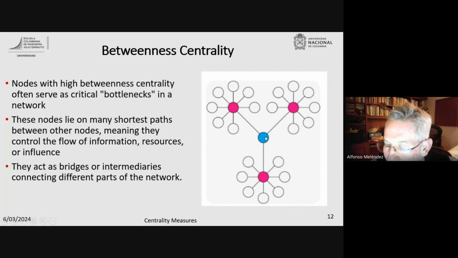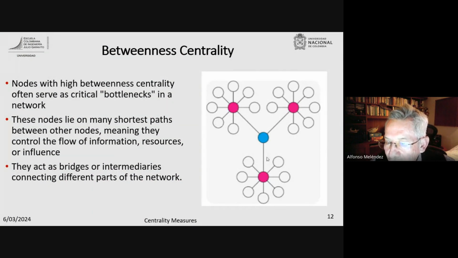Okay? Betweenness centrality and closeness centrality are different. Closeness centrality has to do with distances, but betweenness centrality has to do with flow of information from nodes to other nodes. I don't know if the difference is clear. What is going to happen is, when you have a network, it's very probable that the nodes with high betweenness centrality also have high closeness centrality.